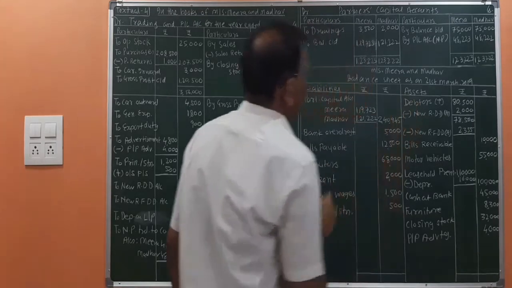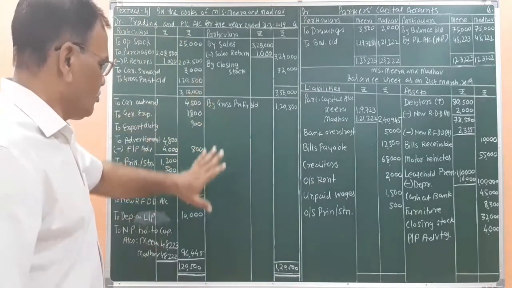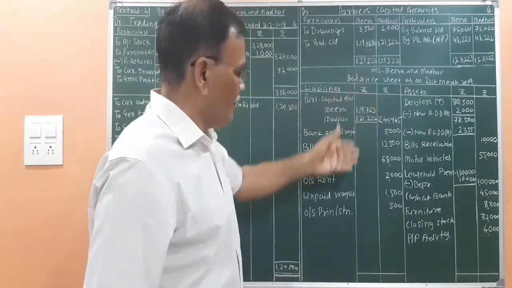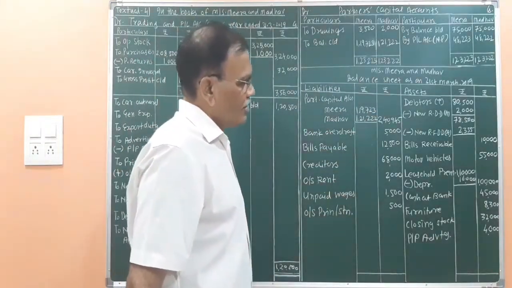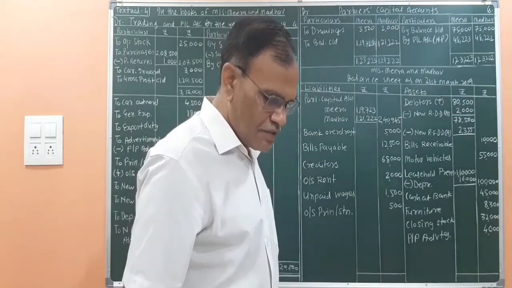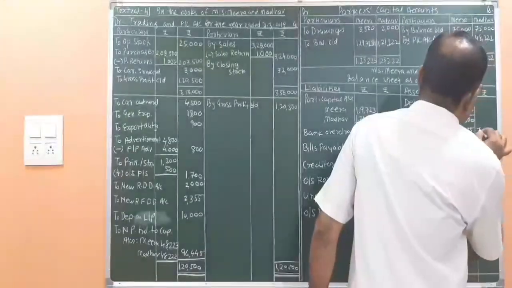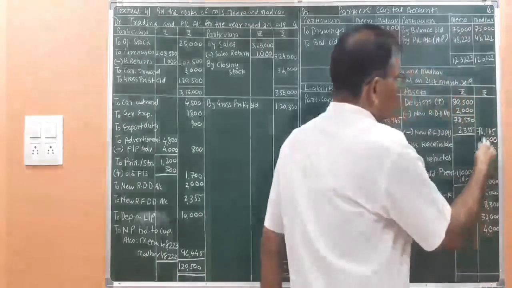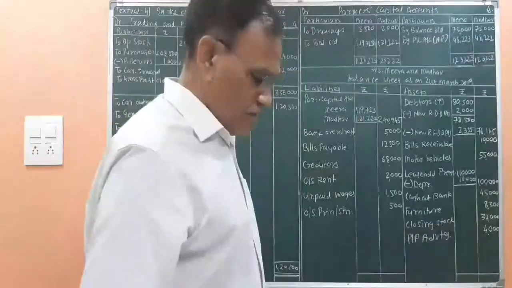2,40,945 is the total. Now you can see that the trading account is over, profit and loss is over, capital account is over. Here on the liability side, all the balances are in the outer column. Only for that new RDD we have to write to the debtors, the figure is 76,145 in the outer column. So leasehold premises, everything is on the outer column.